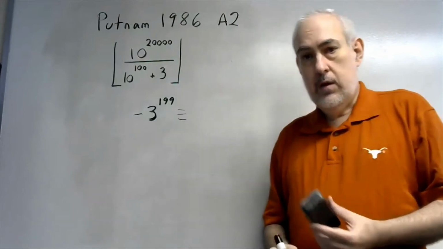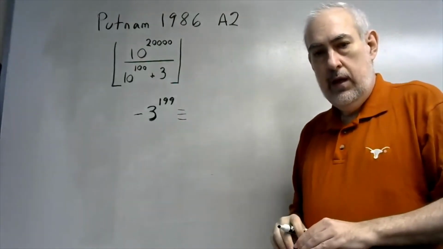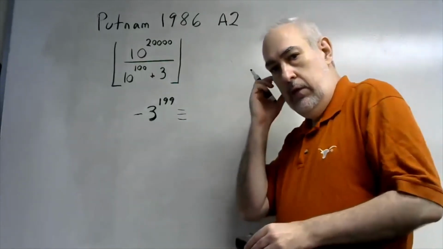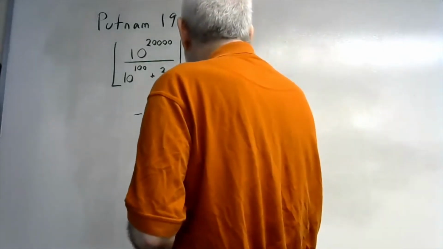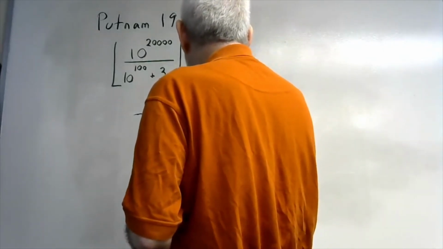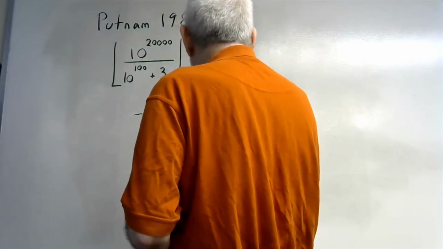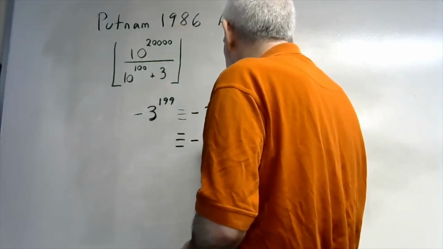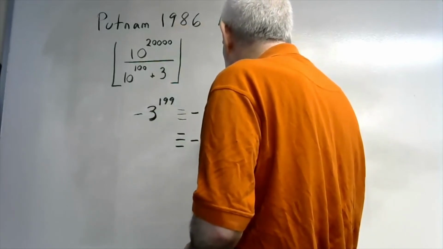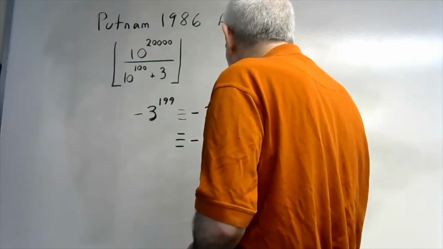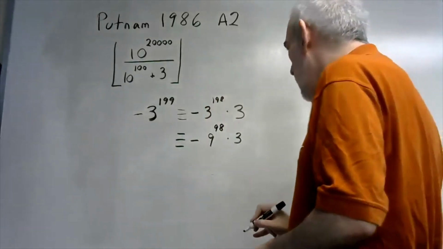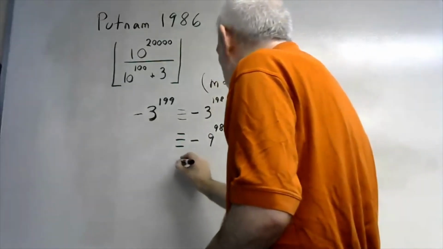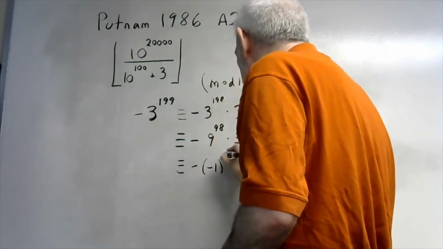Okay, so here we have what we're trying to solve, -3 to the 199. What is it congruent to mod 10? Okay, so first of all, we can break that up into 3 to the 198 times 1 extra 3. And 3 squared is 9, so we can rewrite this as 9 to the 98th. But 9, and this is all mod 10, 9 is congruent to -1 mod 10.